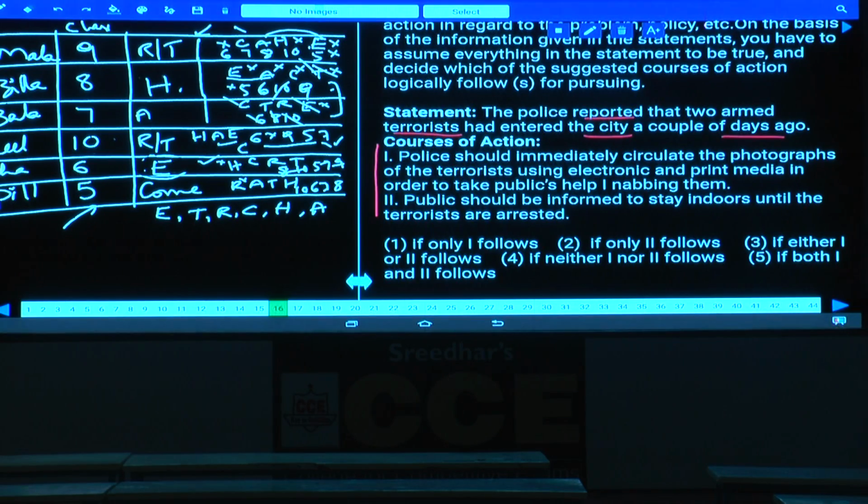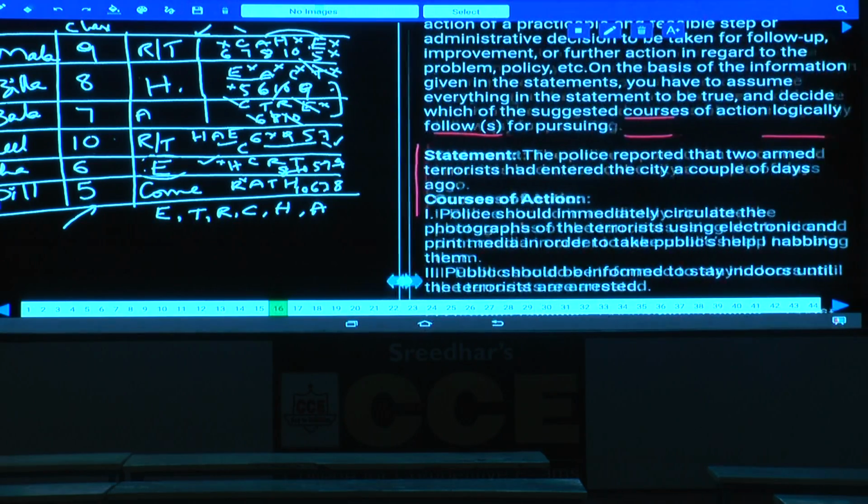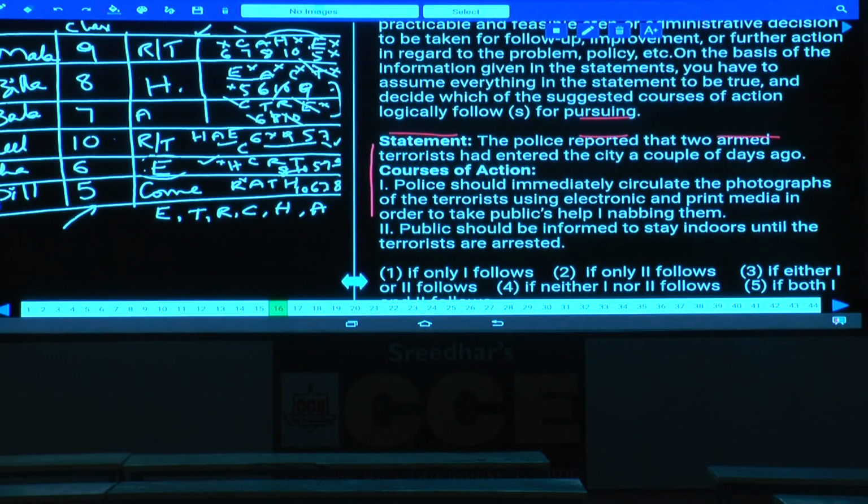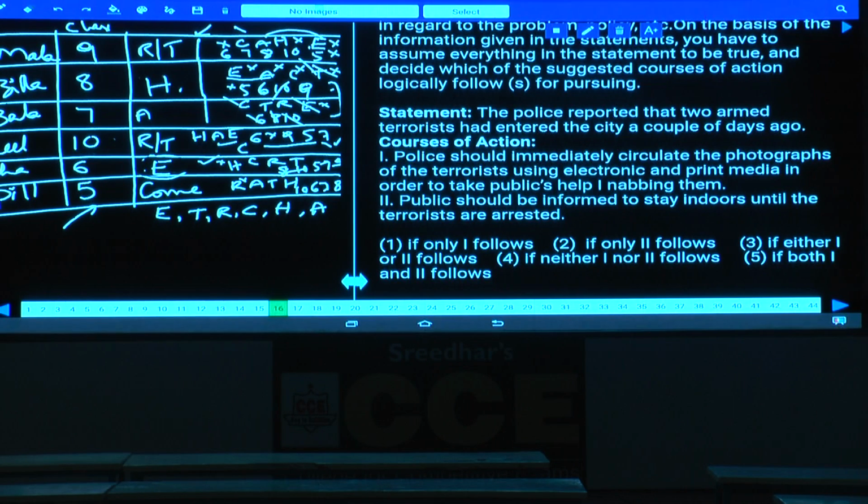By implementing which course of action between these two can we definitely ensure that the police are going to arrest these persons? Police should immediately circulate the photograph of the terrorist using electronic and print media in order to take public's help in nabbing them.